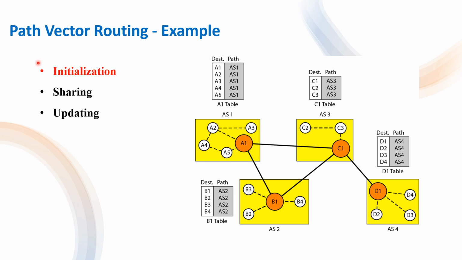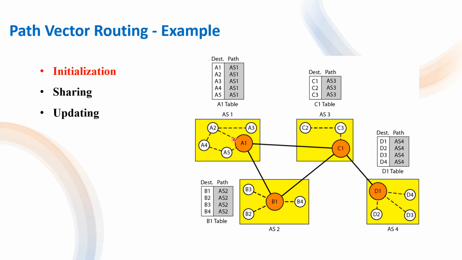There are three important processes in path vector routing: initialization, sharing, and updating. The first one is initialization. Each speaker node can know only the reachability of the nodes inside its autonomous system. Node A1 is the speaker node of autonomous system AS1, B1 for AS2, C1 for AS3, and D1 for AS4.